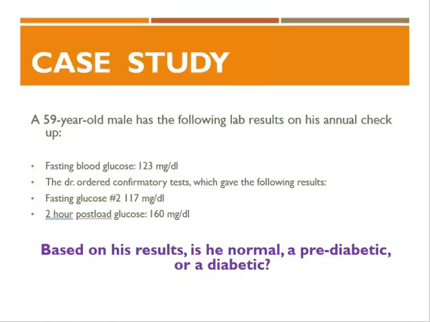For the 2-hour post-load glucose, the normal patient would be less than 140. The pre-diabetic patient would be within the range of 140 to 199. And then the diabetic patient would be 200. So again, the answer to this case study would be the 59-year-old male would be a pre-diabetic patient.